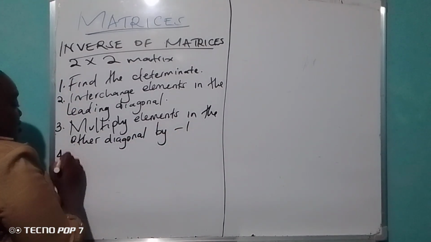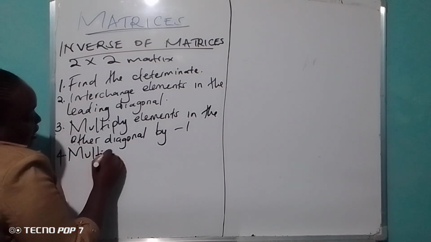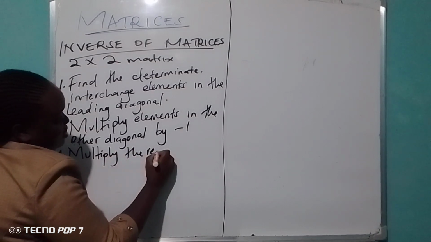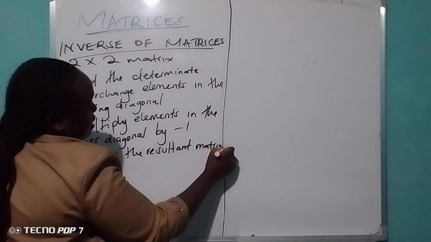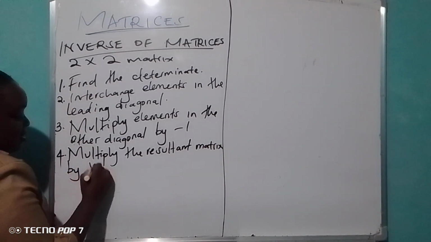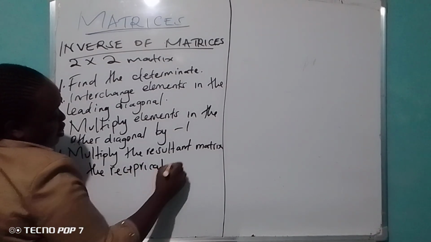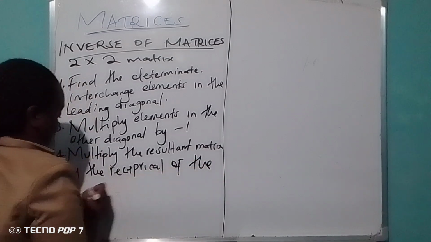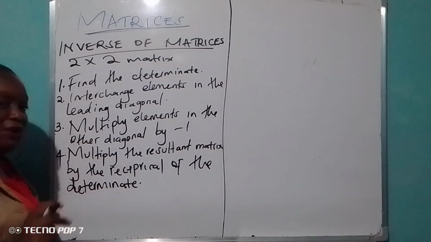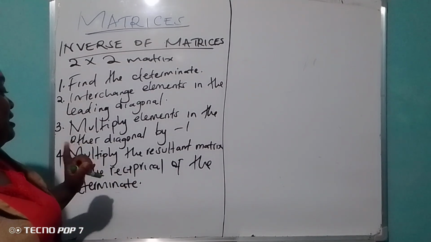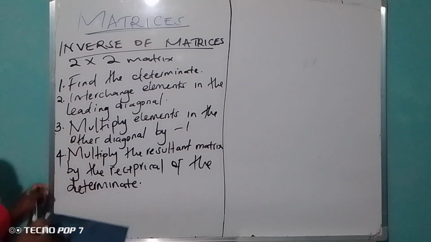Lastly, you will multiply the resultant matrix by the reciprocal of the determinant. The reciprocal of the determinant. So let us start with the first step.